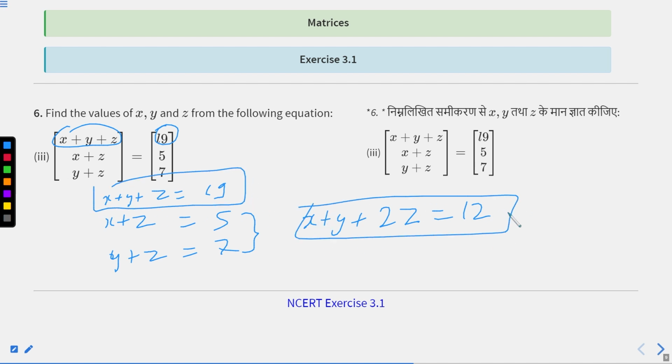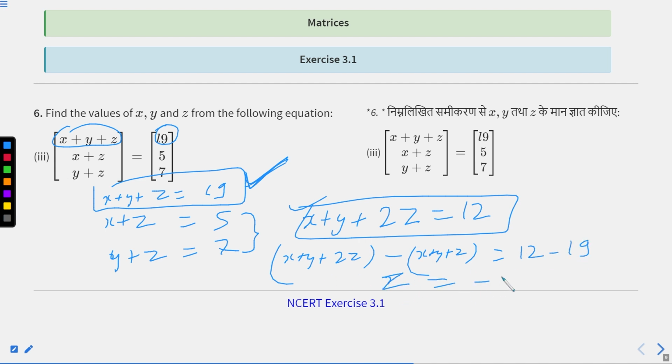So now subtract this equation and this, find out the difference. So you will have x plus y plus 2z minus x plus y plus z is equals to 12 minus 19. This means you will have z is equals to minus 7. Yes, z is equals to minus 7.